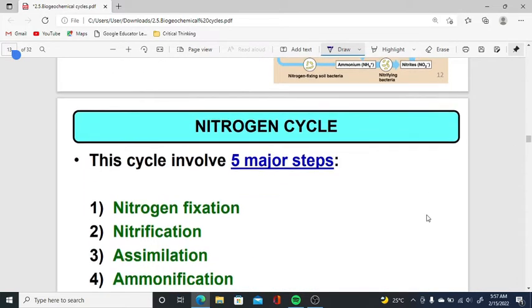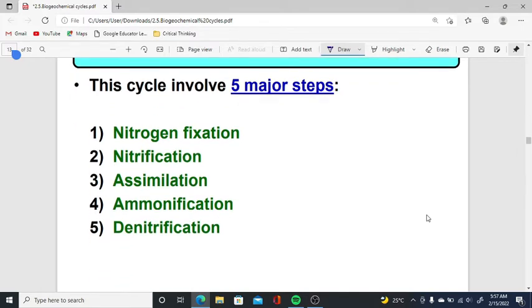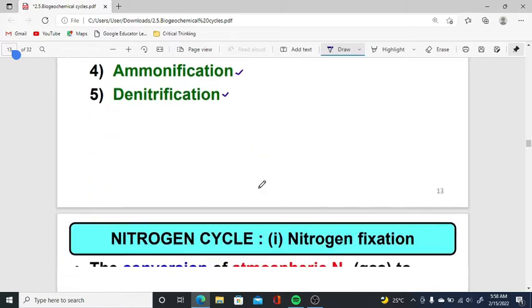Alright, so there are 5 major steps in the nitrogen cycle. First is nitrogen fixation, nitrification, assimilation, ammonification and denitrification. Nitrification dengan denitrification ni benda yang reverse process. Kiranya denitrification ni reverse daripada nitrification.